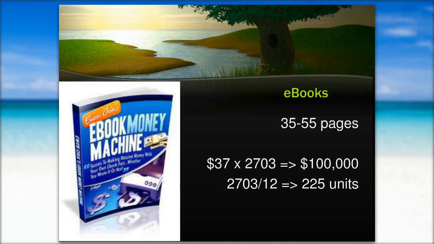So you need to sell 225 units every month, in 12 months, to make 100,000. So also pay attention to the different ways you can repurpose your PLR information or your other content.